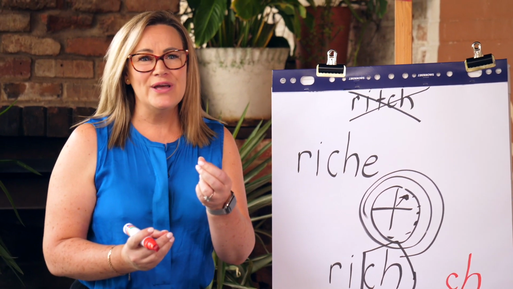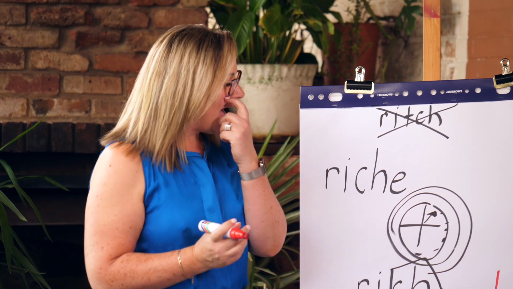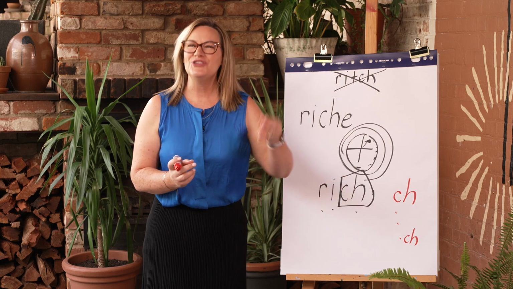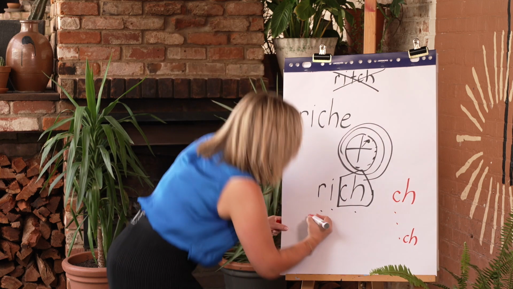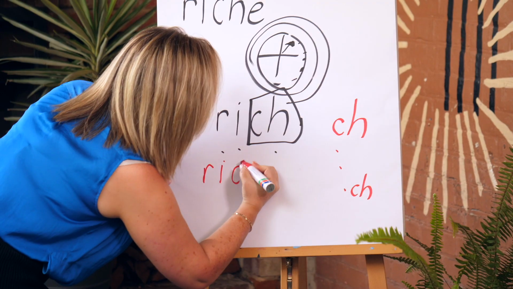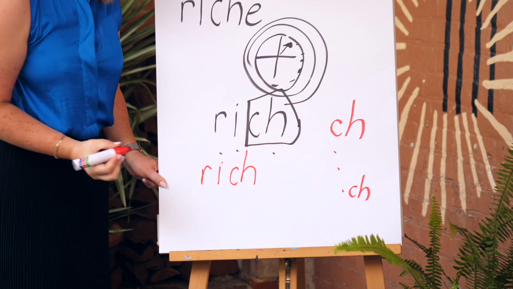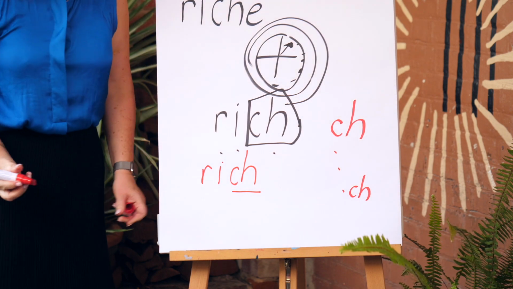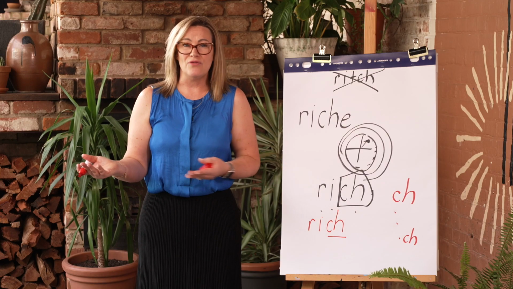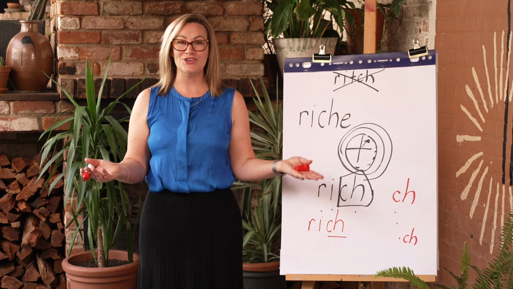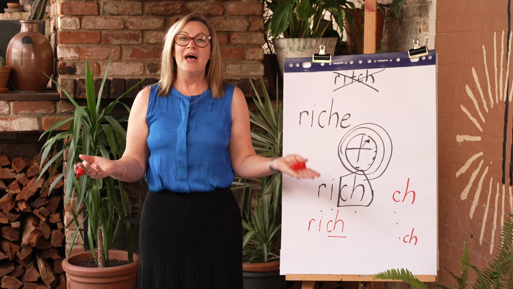All of those words that use the CH as a sh usually come from the French language. Let's link it back. Rich, ch. We know that this used to be Old French, and so we're not going to pronounce it in the old-fashioned way of riche. It's turned into, in 2022, rich.